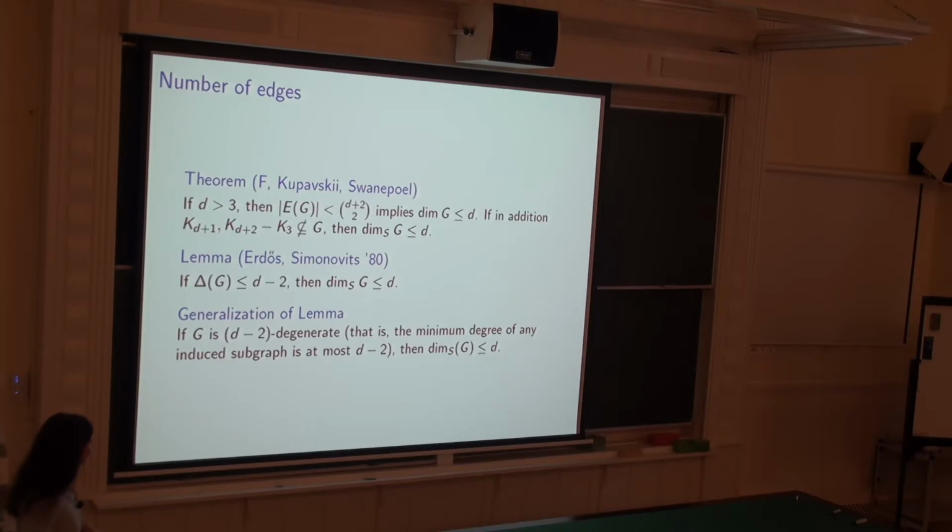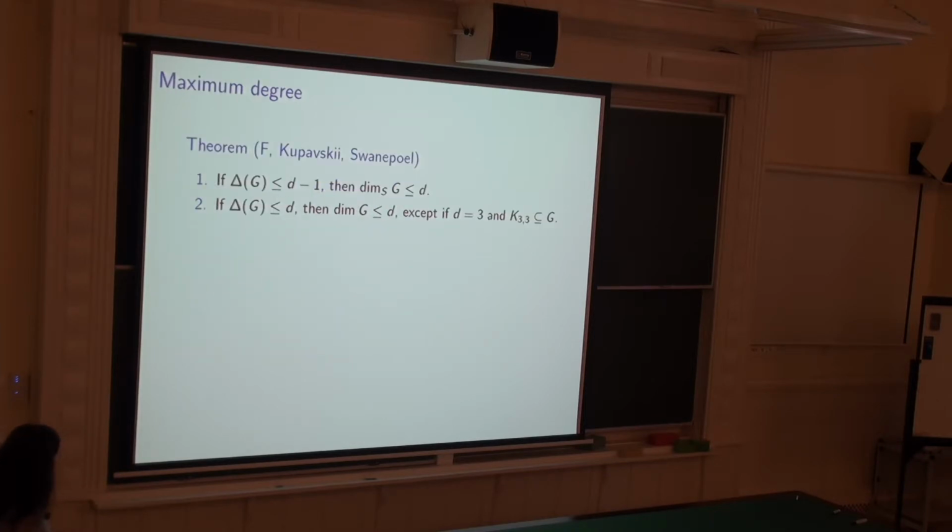I don't want to tell more about this, but I would like to talk about a strengthening of this result. So we can say something stronger. If the maximum degree is at most d minus 1, then we can embed the graph on a sphere in R^d.